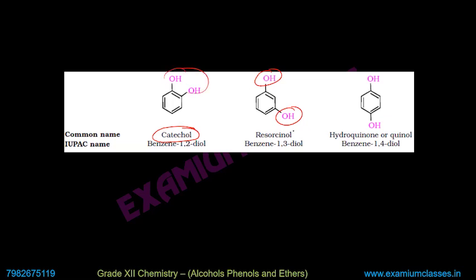If at the meta position, then resorcinol, or benzene-1,3-diol. At opposite positions, then hydroquinone or quinol, benzene-1,4-diol. Just write the common names and memorize them. Hydroquinone and quinol are the same thing.